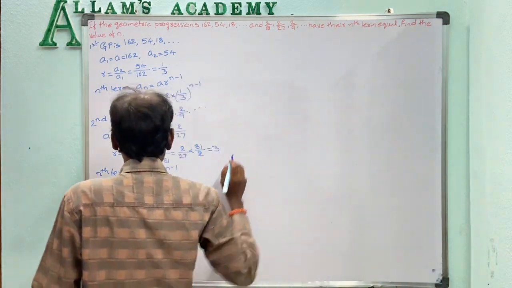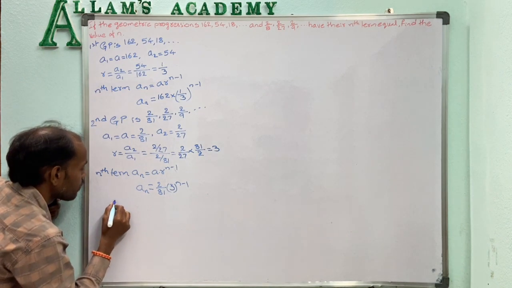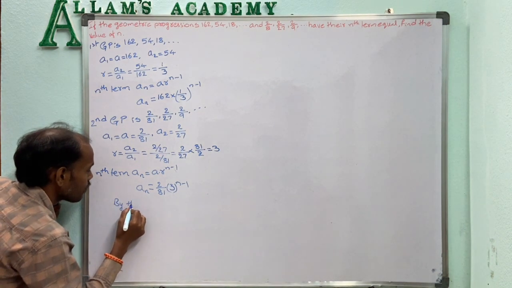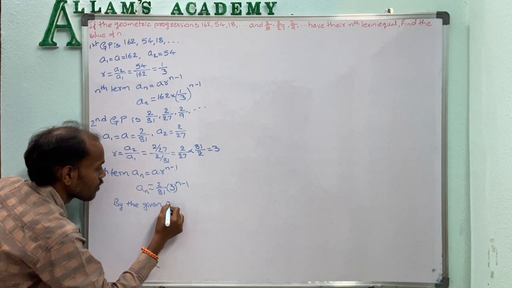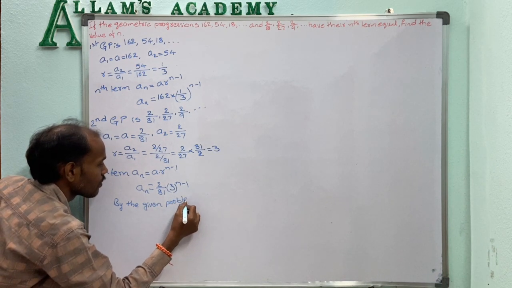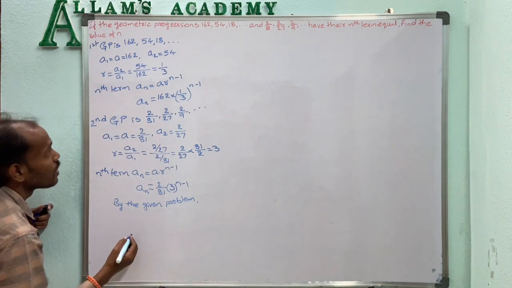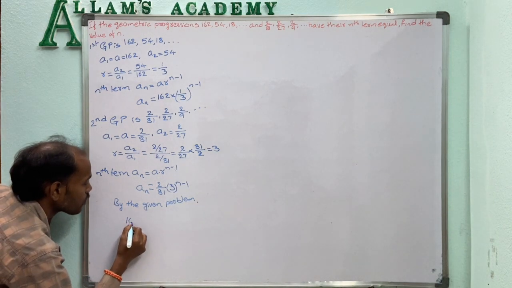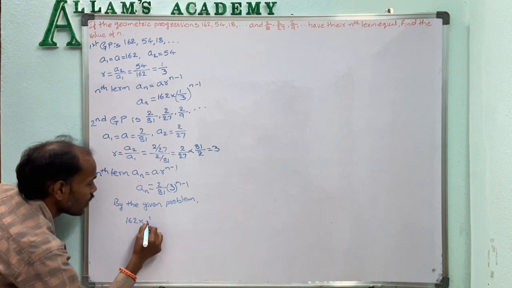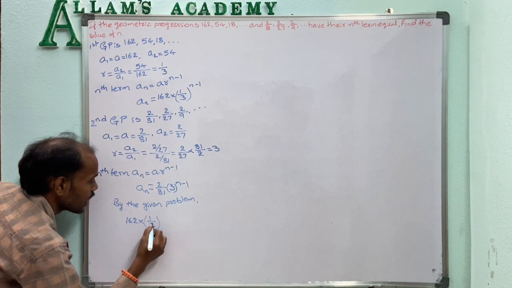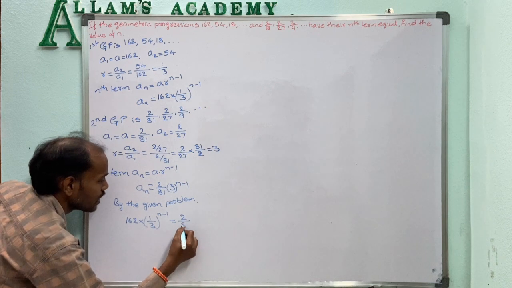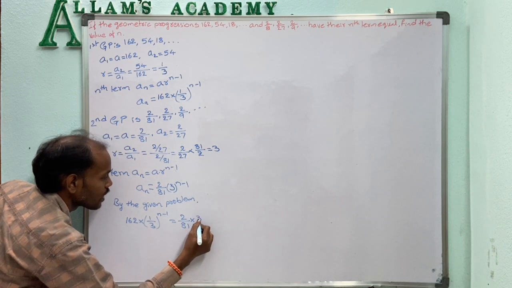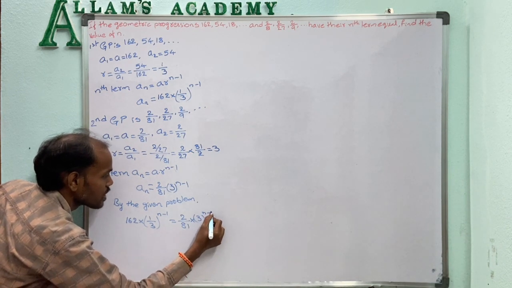So by the given problem, 162 into (1/3) whole power n minus 1 is equal to 2/81 into 3 power n minus 1.